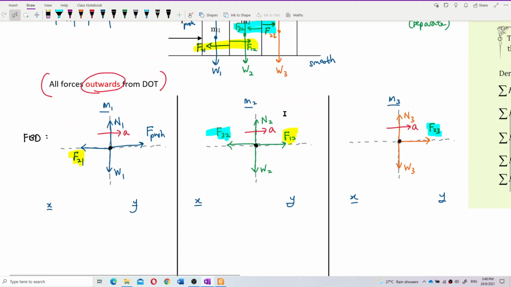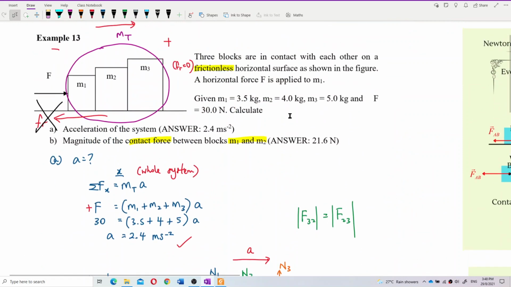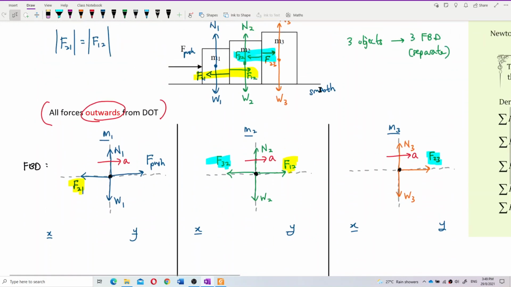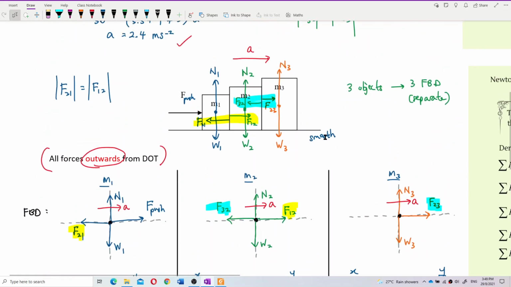But the easy thing for this question is, luckily, the surface is frictionless. That means it's smooth, so it doesn't have friction.